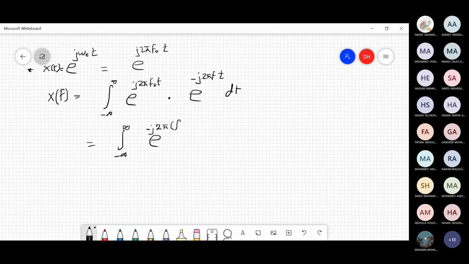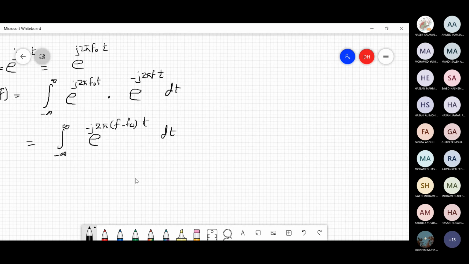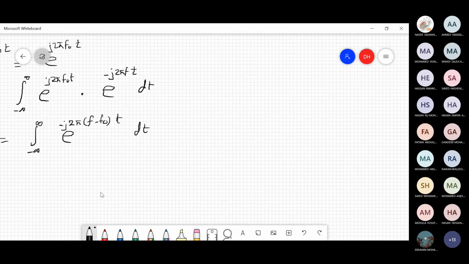Then from here you have f, from here you have f naught, and t also common. How to solve this?